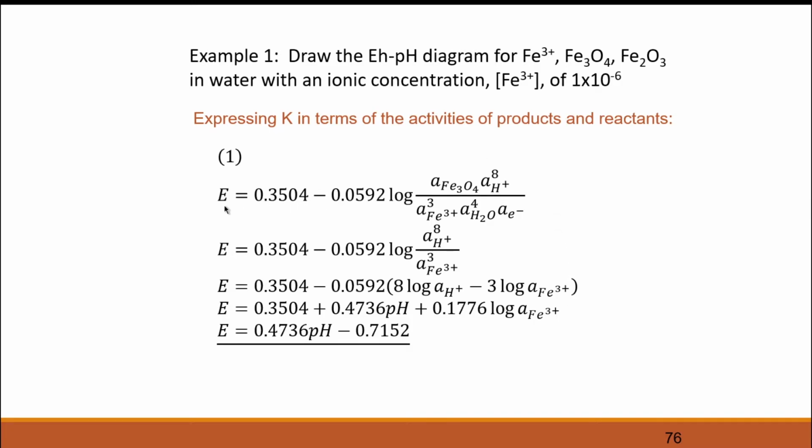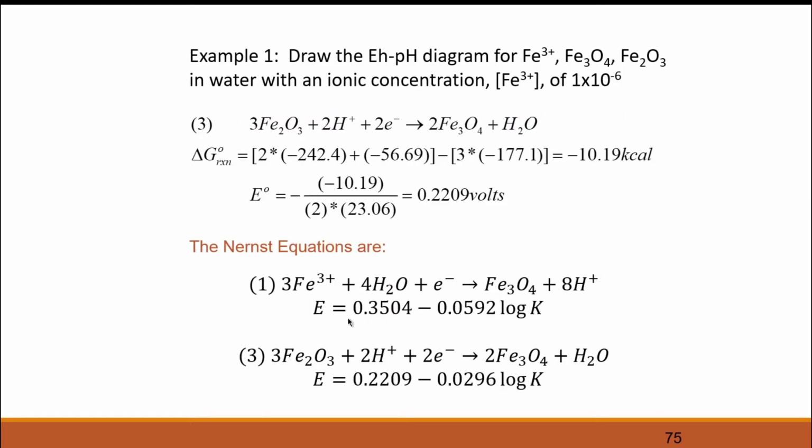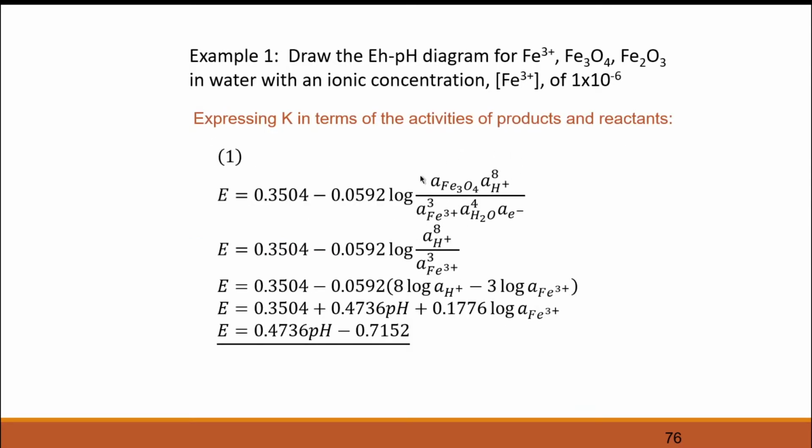So again, E is equal to 0.3504, this term, minus 0.0592 divided by n, which is 1, times the logarithm of K. If we expand K, this is equal to the activity of Fe₃O₄, the product, the activity of H plus raised to the power of 8 because there are 8 moles in the reaction.